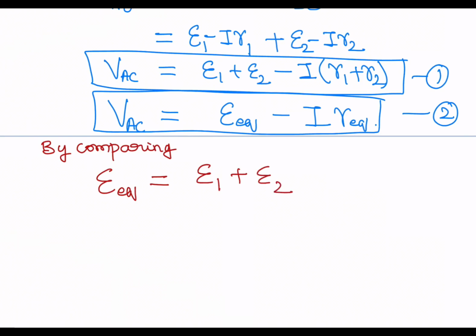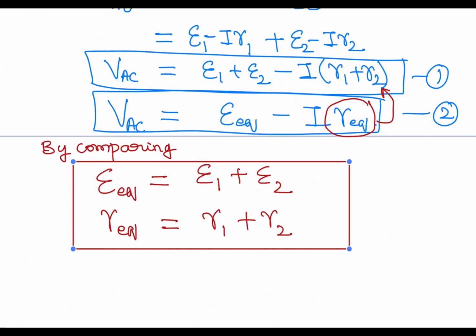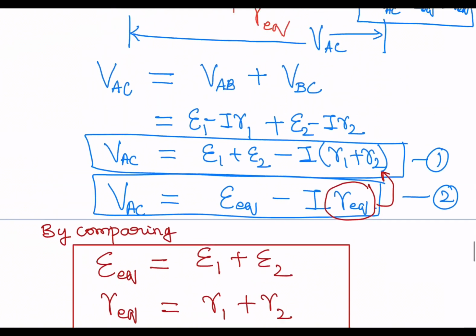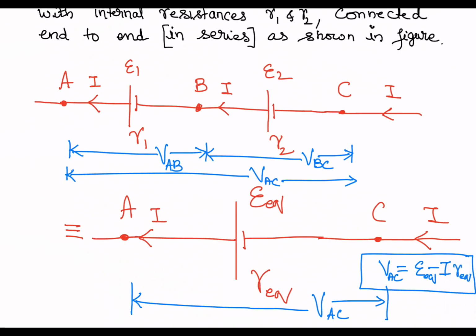And R equivalent can be equated to the sum of their internal resistances. So this is the derivation of E equivalent and R equivalent when two cells are connected in series.